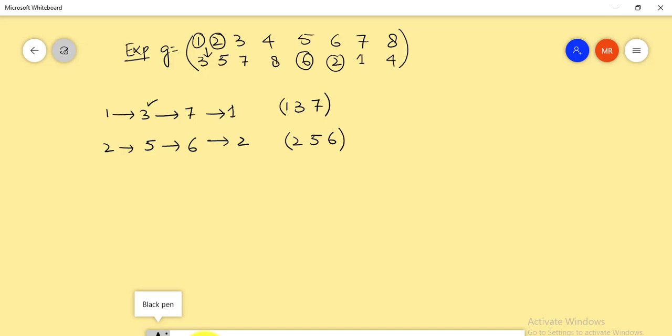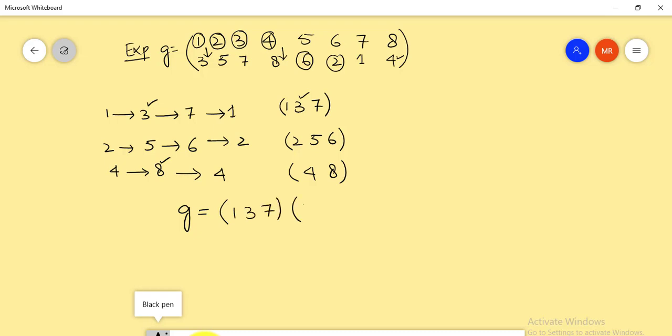Then we start with element 4 because 3 has already been placed in a cycle. We see that 4 is mapped onto 8, and the image of 8 is 4. Hence, in cycle form, this can be represented as 4, 8. In this case, G can be written as a product of disjoint cycles: 1, 3, 7, 2, 5, 6, 4, 8.